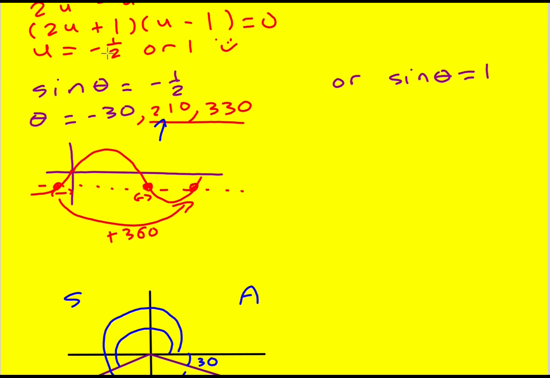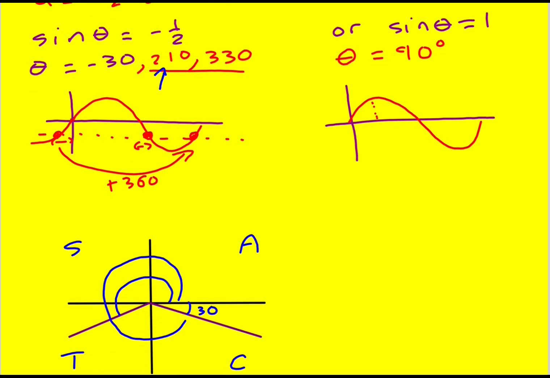Sine theta is equal to 1. Actually, we can see there's only one solution from the graph. We're going to get 90. No need to do anything else from the cast diagram.